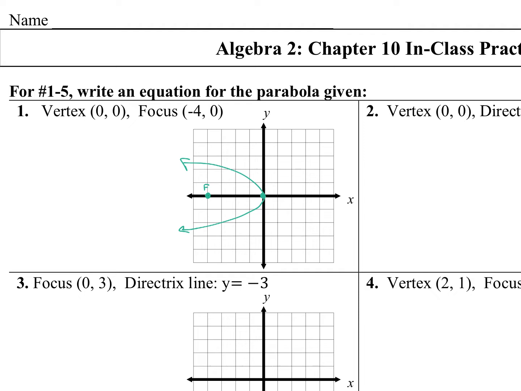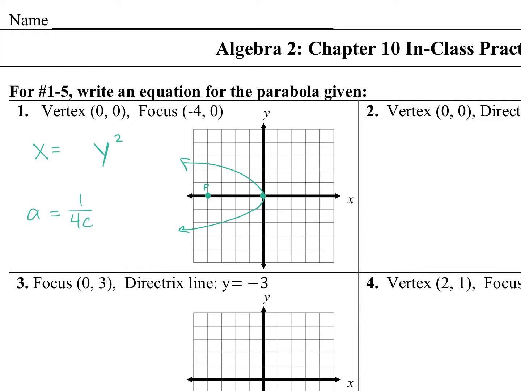Now, when it opens to the left, how does that equation start? X equals, okay? So make sure you're doing X equals. Your vertex is (0, 0), so it's going to be some number and then Y squared. Your A value is just going to get dropped in there. Remember, A equals 1 over 4C.